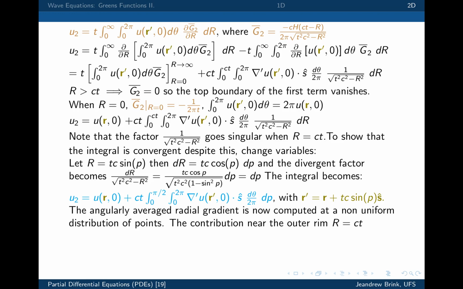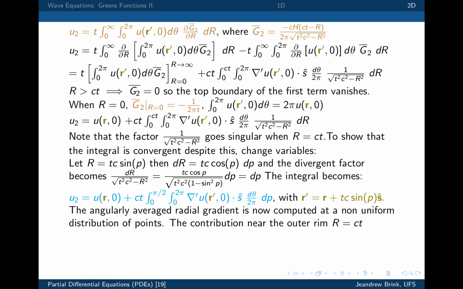And then the main thing is the contribution near the outer rim is more heavily weighted. So this idea that over here for the one-dimensional case, it was just these two things contributing. What we have is that for the two-dimensional case, we're also going to have the boundary contributing more, but there is stuff from inside that is actually important as well.